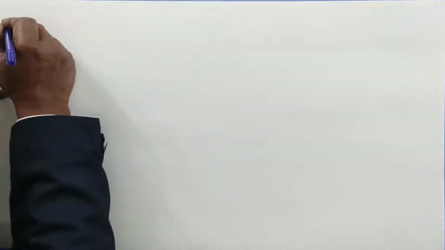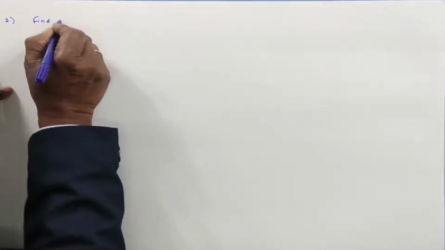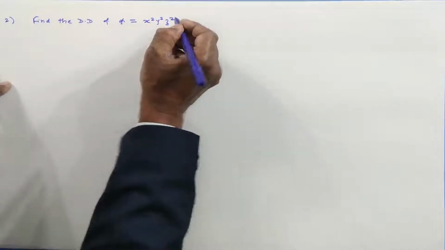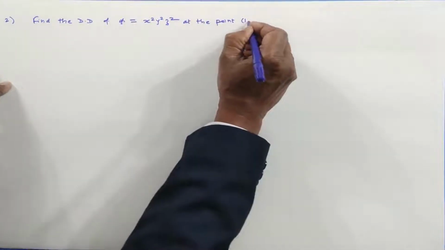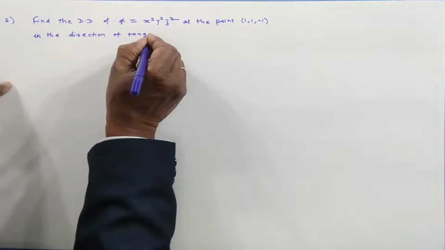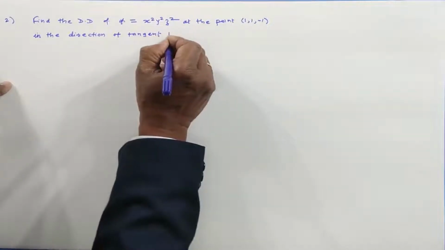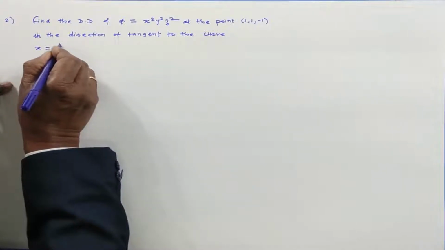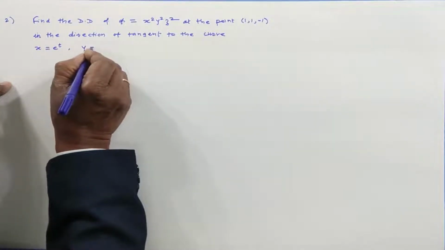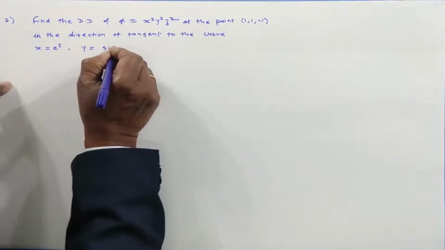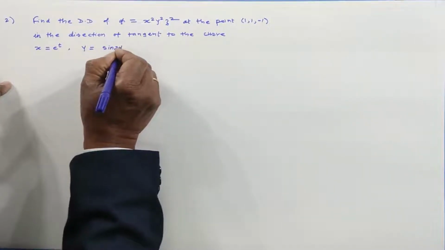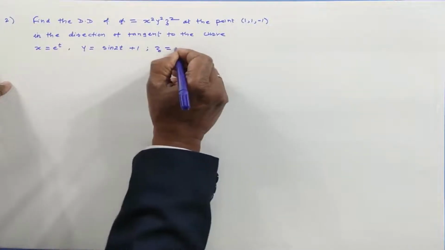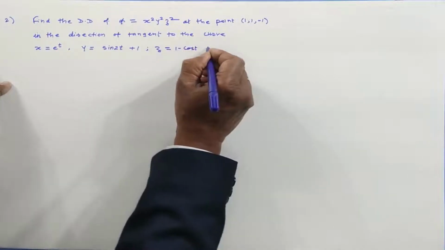Now the next problem. Find the directional derivative of phi equals x square y square z square at the point 1, 1, minus 1 in the direction of the tangent to the curve x equals e to the power t, y equals sine 2t plus 1 and z equals 1 minus cos t at t equal to 0.